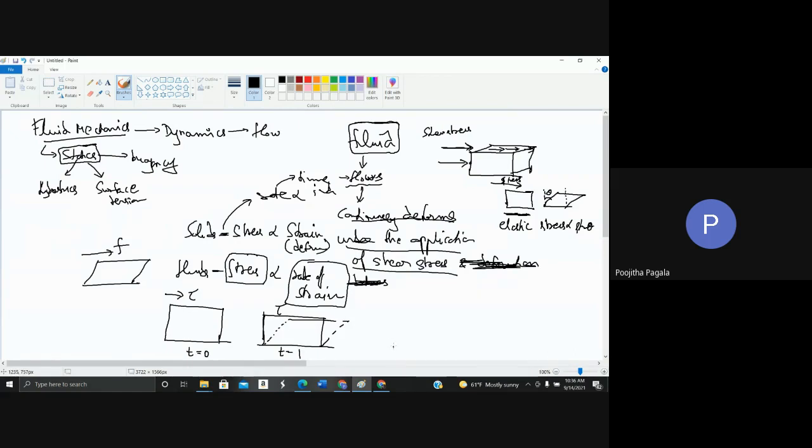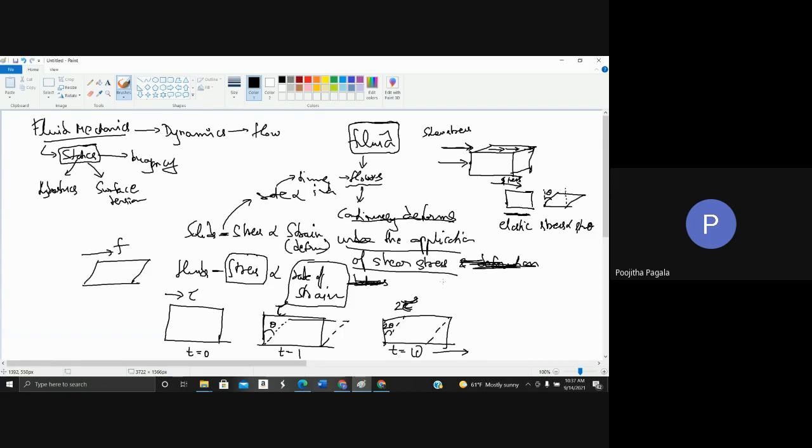Even if you look after t is equal to 10 seconds, you'll notice that it is still at the same angle. The deformation remains theta because the stress has remained tau. So now if you make the stress 2 tau, the angle is going to become 2 theta. And the angle is going to remain at 2 theta until the stress remains at 2 tau. So this is basically time independent.